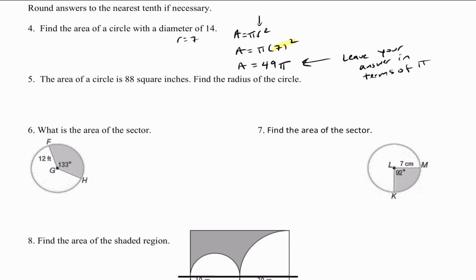So this one is a working backwards problem. You're already given the area of the circle. It's 88 square inches. But we should definitely write the formula out. The area of the circle is A equals, again, pi r squared. You're replacing A with 88, and you're going to set that equal to pi r squared.